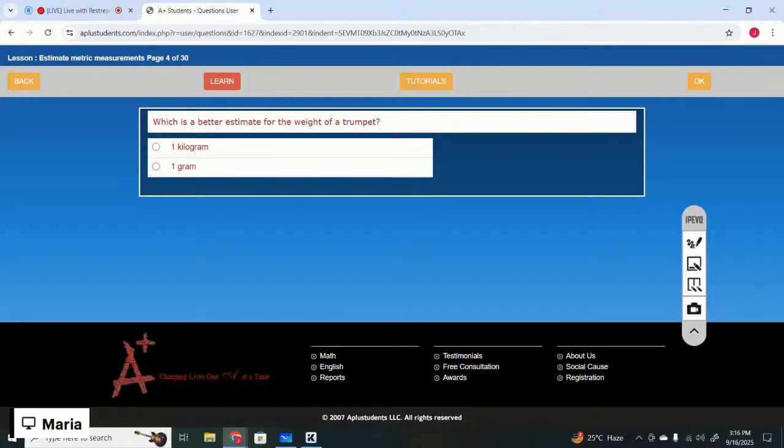Which is a better estimate for the weight of a trumpet? It would be 1 kilogram. Option number 1 is the correct option.